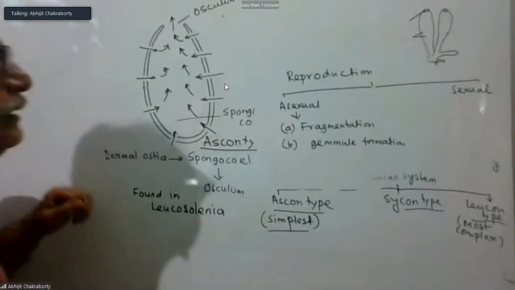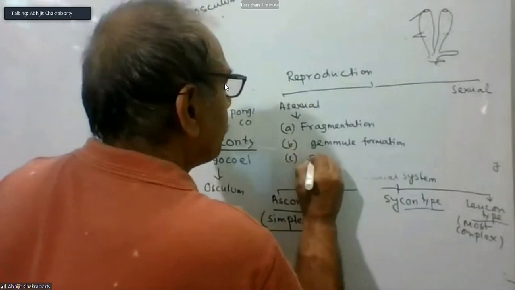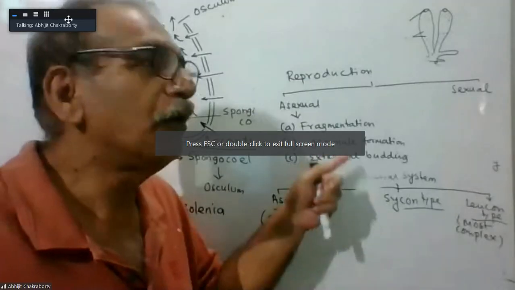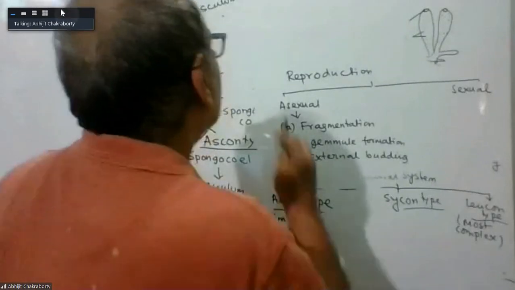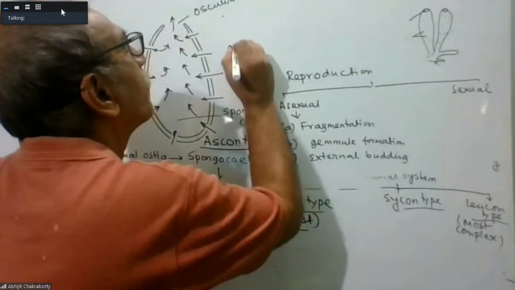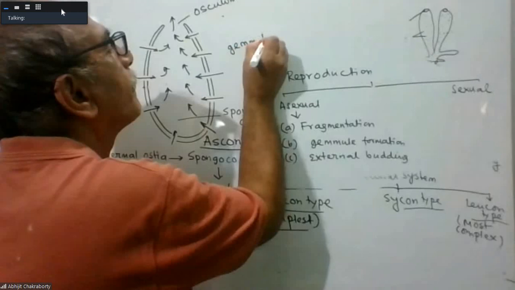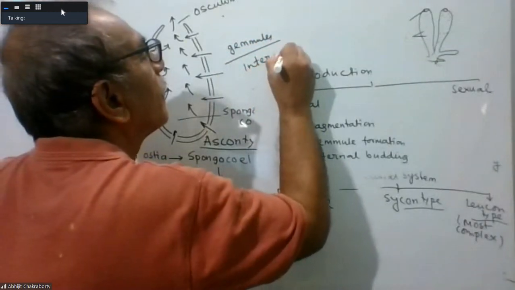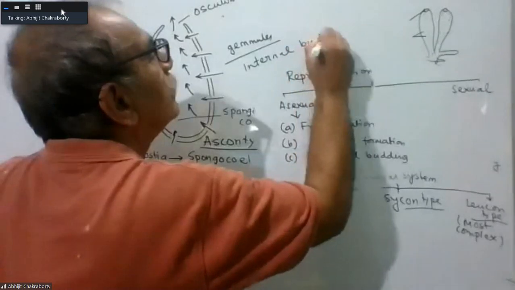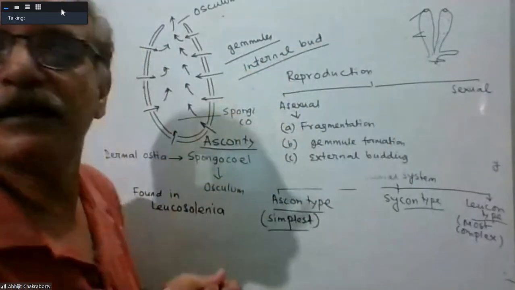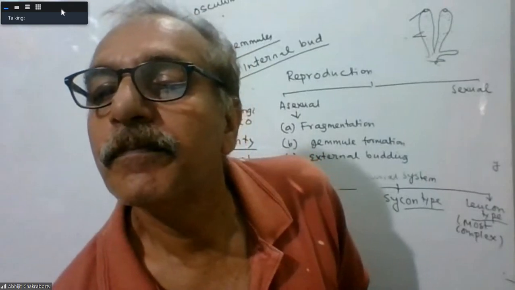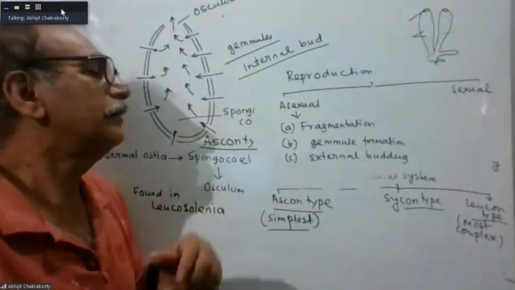Another is sometimes found. Gemmules are called internal buds. They are the internal buds.